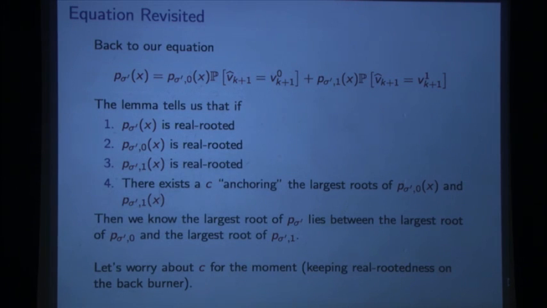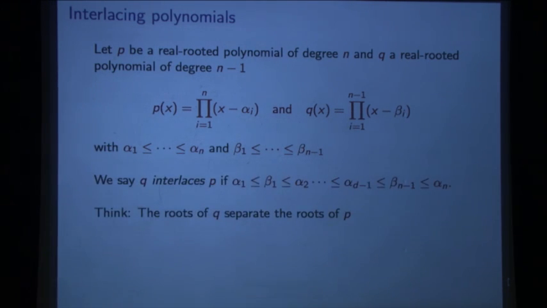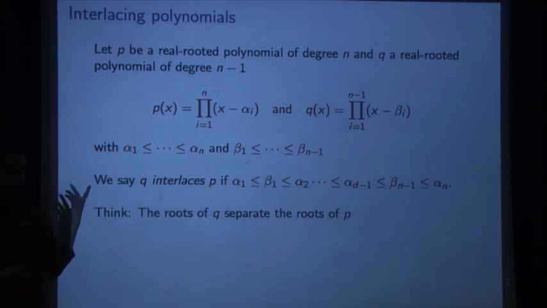So let's worry about c for the moment. I'm going to need to find these anchors which guarantee that I have this structure. Okay, so let me define interlacing polynomials. Let p be a real-rooted polynomial of degree n, and q a real-rooted polynomial of degree n minus 1, where these are the roots and they're ordered as such. I'm going to say that q interlaces p if in between every two roots of p there is some root of q.